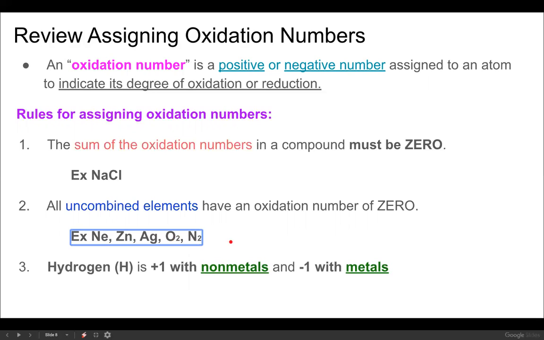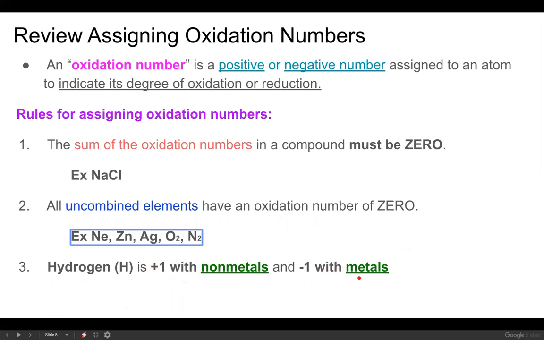Now, hydrogen is a special case. Because hydrogen is all by itself over in group 1 with the metals, hydrogen is +1 when it is with nonmetals, because think of the nonmetals on the right-hand side of the periodic table. They all have negative charges. So to counterbalance this, hydrogen keeps its +1 charge.